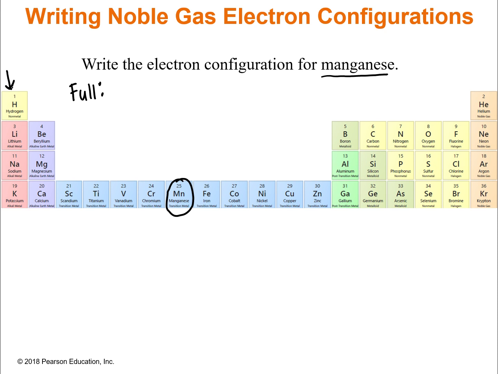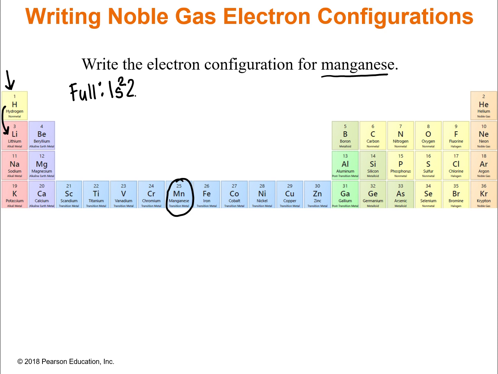Best place to start is the beginning. We're going to start by filling the 1s with 2 electrons, because that's all it can hold. There's only the s sublevel in the first energy level, so that part's done. We need to continue on to fill in the rest of our electrons.